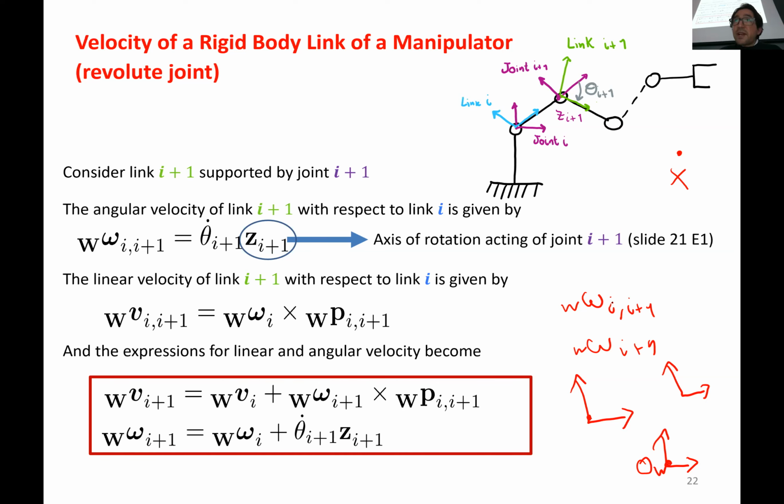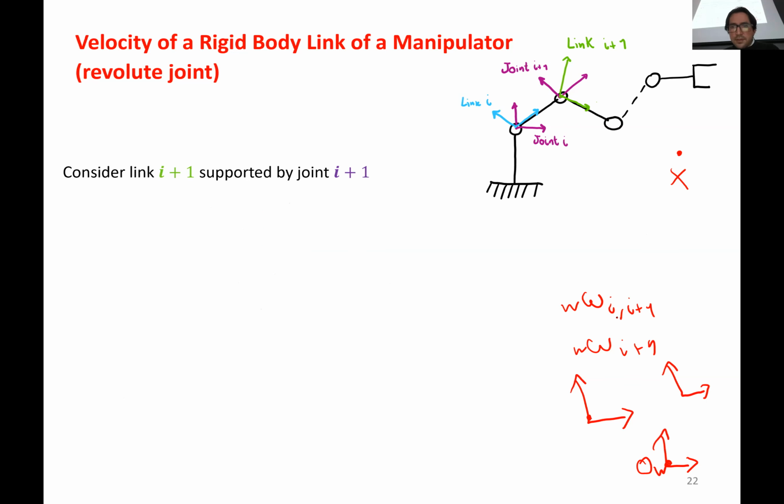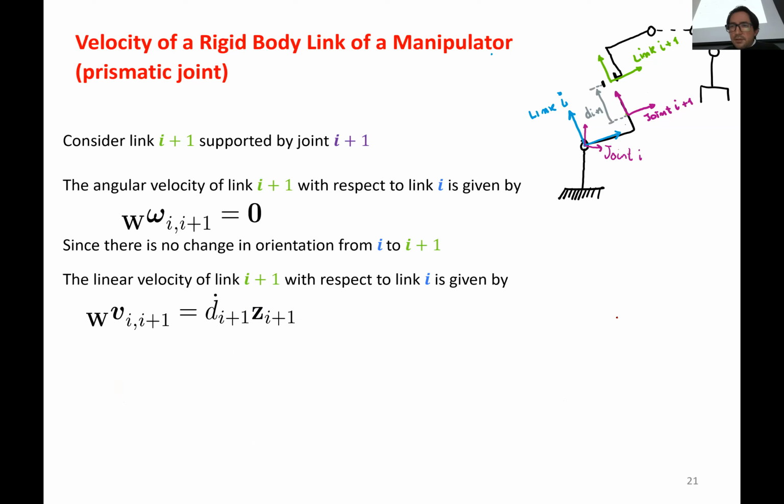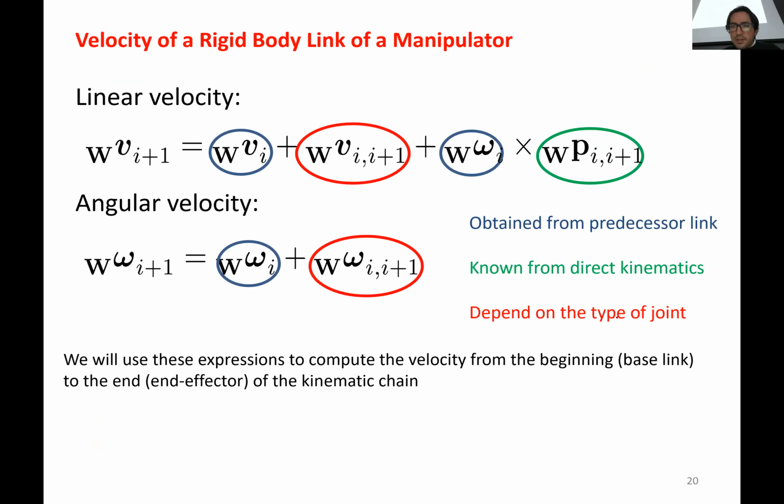So omega I comma I plus 1 is the angular velocity from link I to link I plus 1, so it's just the angular. So let me show you something here. I think I have a drawing where it's shown more clearly.